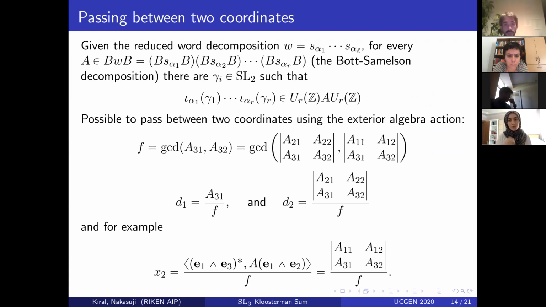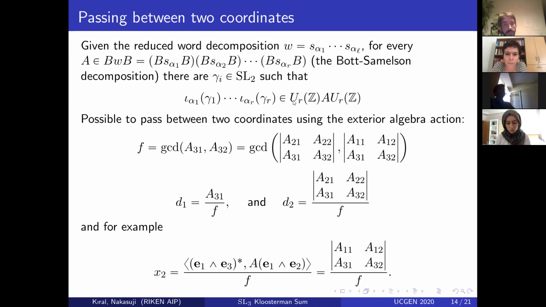And it is true. Given a matrix A, the long word has a decomposition like this. This is called the Bott-Samuelson decomposition. Given an integer matrix, and also if you want to keep everything else as 1, you don't necessarily get the same matrix, but you get something in the same double coset.